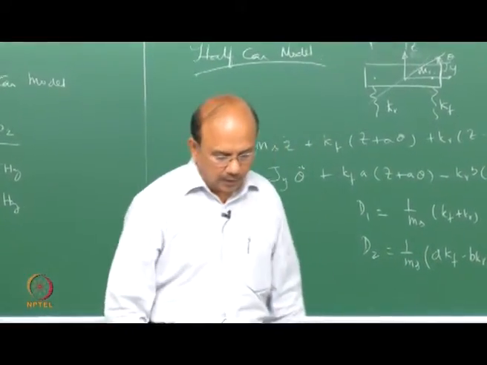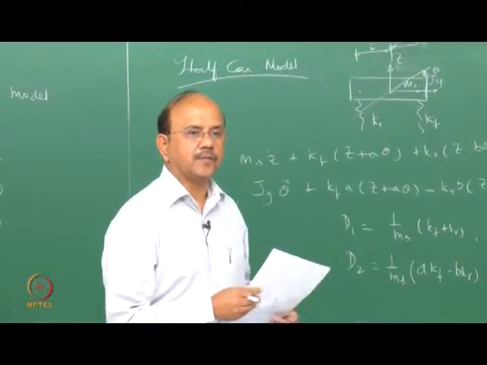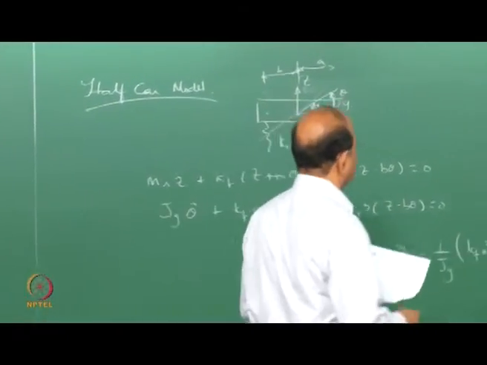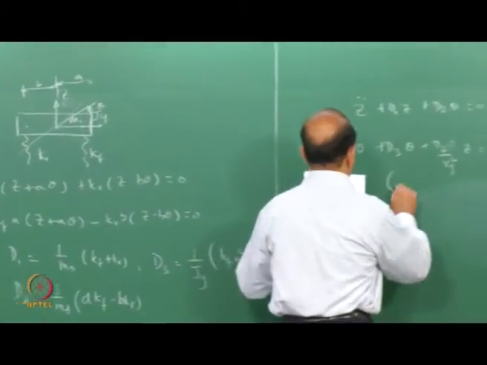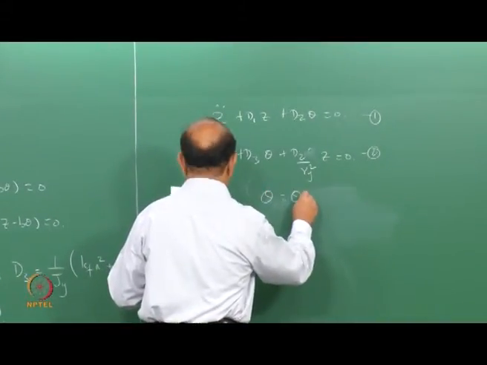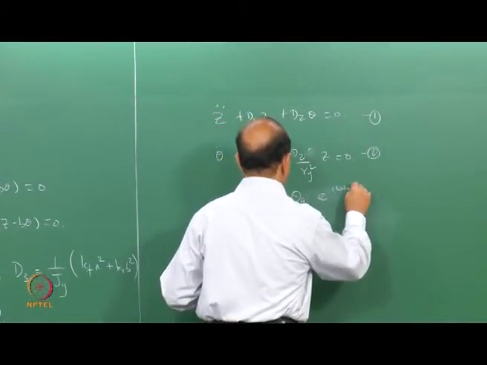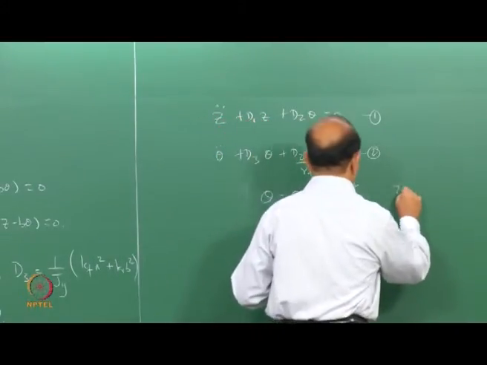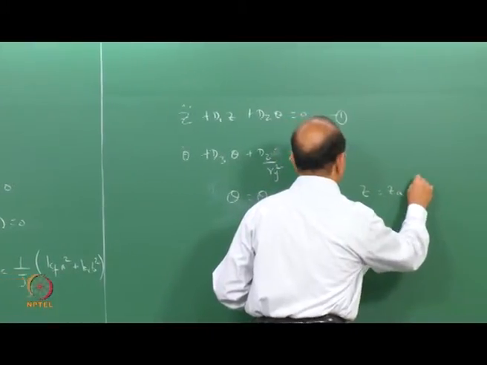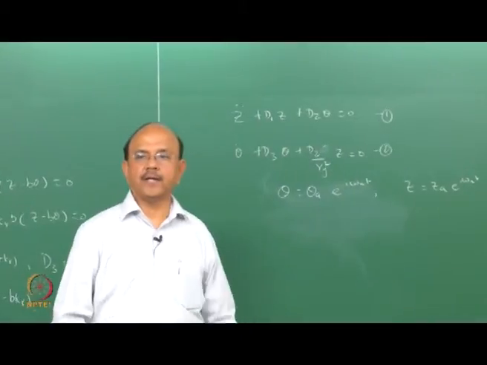Now, let us look at how to calculate the natural frequencies for the coupled case. All of you know it, so I am not going to write down too much. I can assume a solution of the form theta equal to theta a e power i omega n t, and z equal to z a e power i omega n t. I'm just going to substitute that into my 1 and 2.